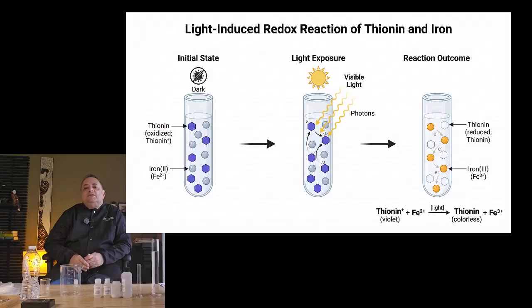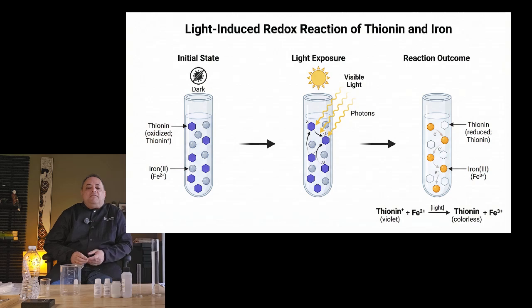Upon irradiation with visible light, thionin undergoes electronic excitation from its ground state to an excited singlet state, which may subsequently intersystem cross to a longer-lived triplet excited state. This photoexcited form of thionin possesses a substantially altered redox potential compared to the ground state, making it a much stronger oxidizing agent.